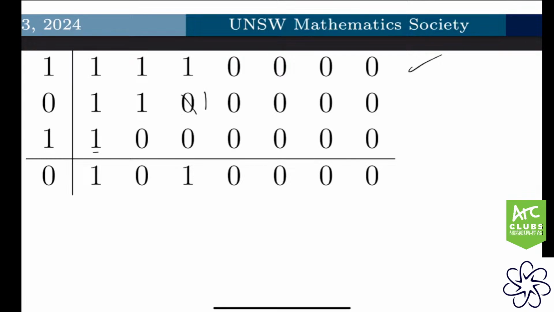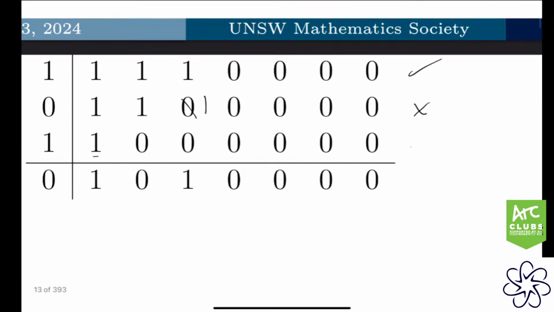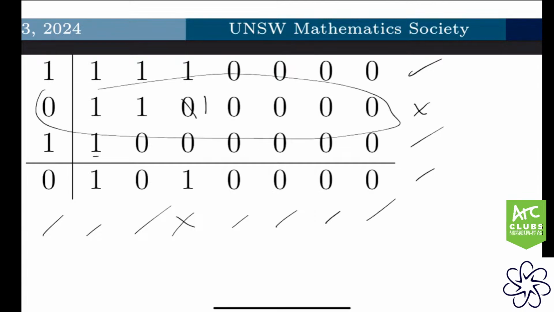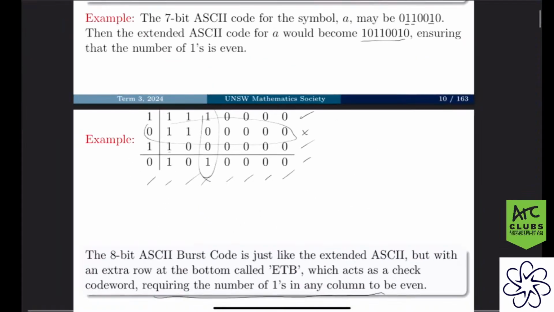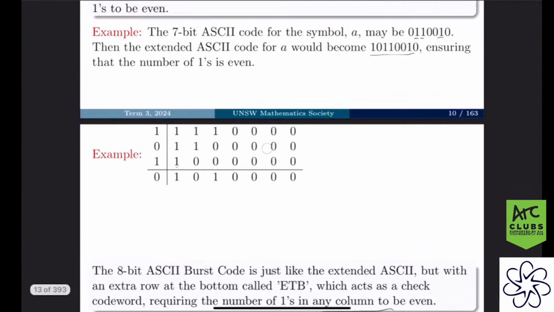This row now has 3 ones, which has odd parity. So we know an error has occurred, but we do not know the position of the error, right? This is fine. And then going through the columns, it looks like this. Now we can locate that this row has an error and this column has an error. And now we have an intersection, which represents where our error occurred, right? So we know that bit was flipped, and we can correct our error and retrieve the original message.